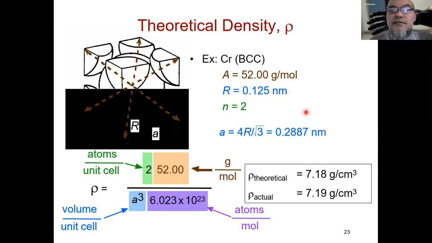The radius is 0.125 nanometer. So the lattice parameter can be calculated from the radius of the atom using this number, because in BCC, the atoms touch each other in the cubic diagonal. Okay, in the cubic diagonal. So A equals 4R divided by square root of 3, which is 0.2887 nanometer.